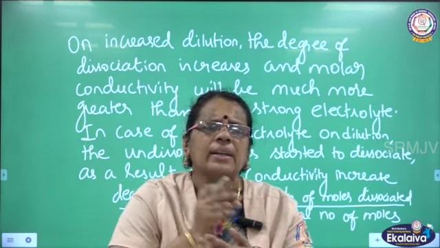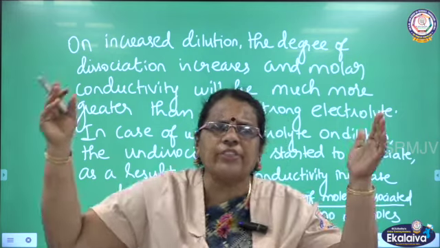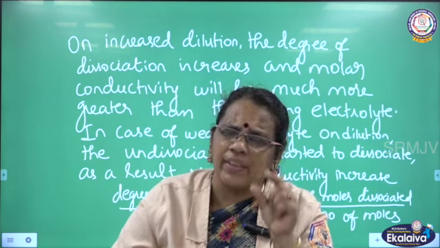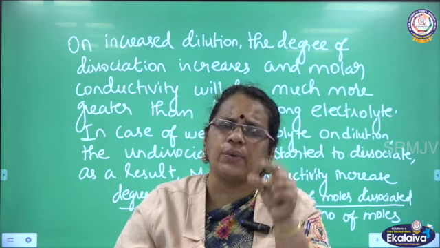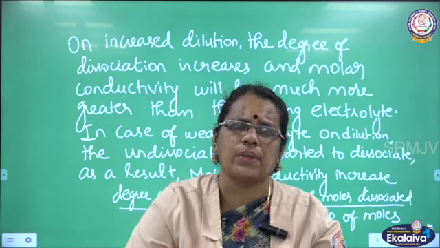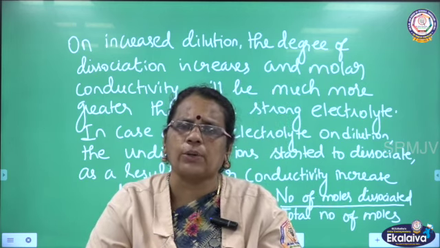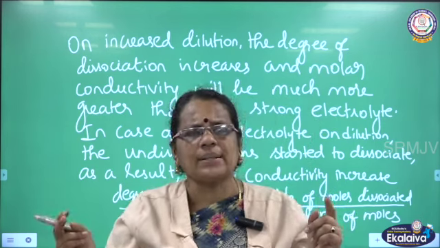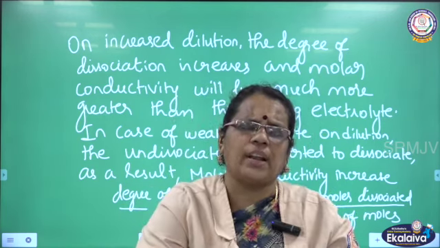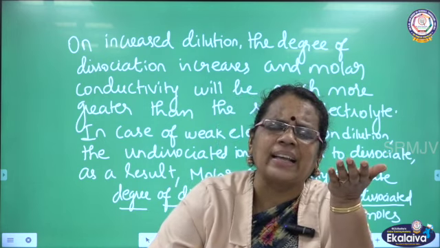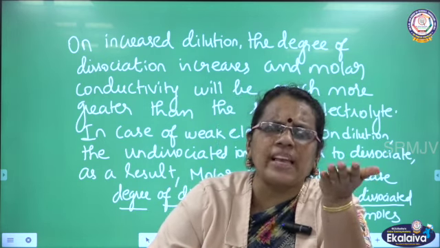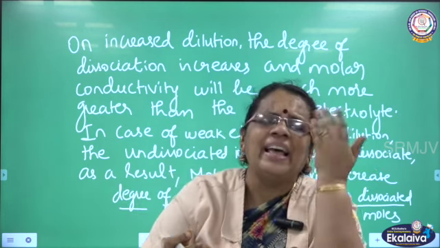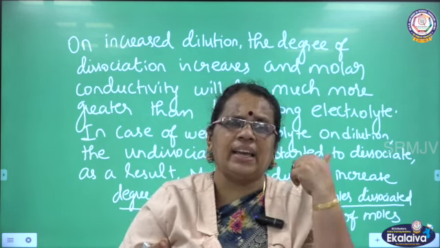How can we measure the degree of dissociation? Out of the total number of particles, the ones that are dissociated give the degree of dissociation. So, in case of a weak electrolyte, on increased dilution, molar conductivity increases, because when you dilute the solution, the degree of dissociation becomes greater. The undissociated particles get dissociated, and as a result, molar conductivity increases.